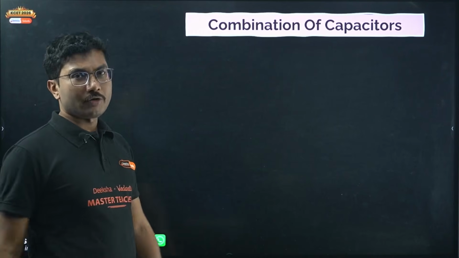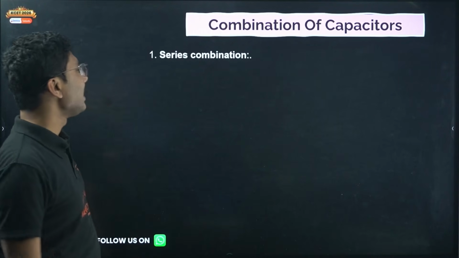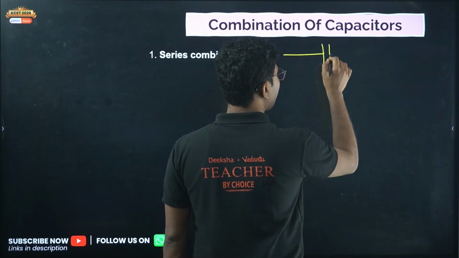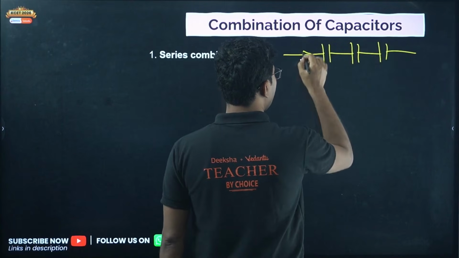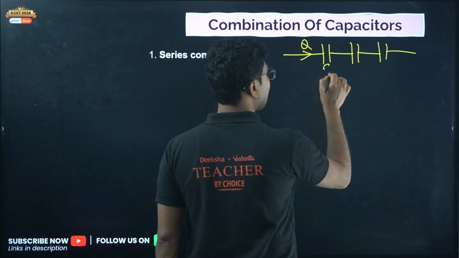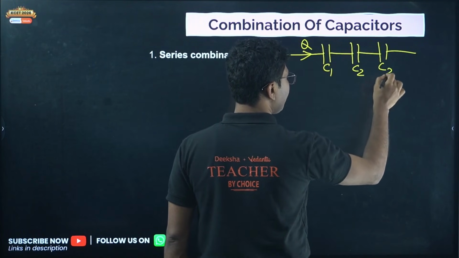Now combination of capacitors is similar to that of combination of resistors. Series combination of capacitors means they are connected one after another, and in series combination the charge that is flowing is constant. Each of the capacitors will be storing the same amount of charge.